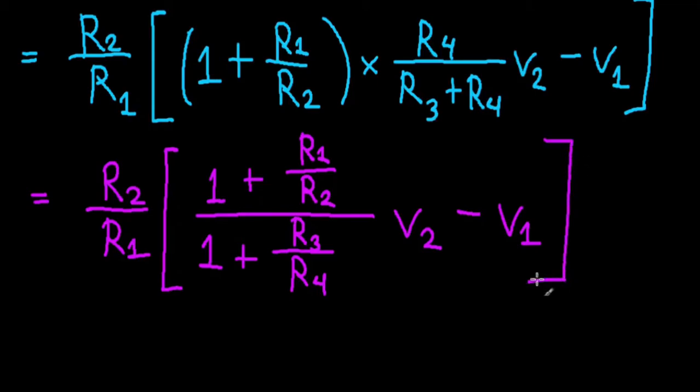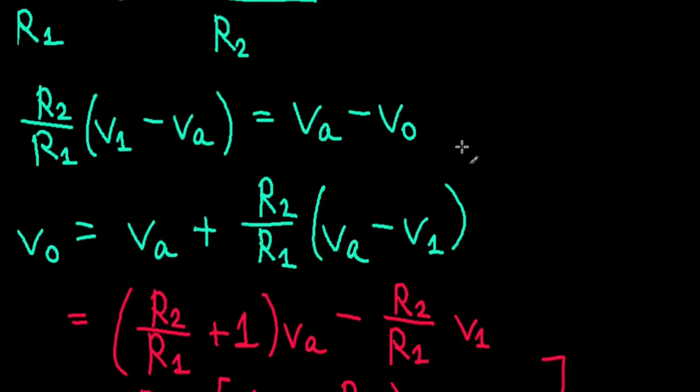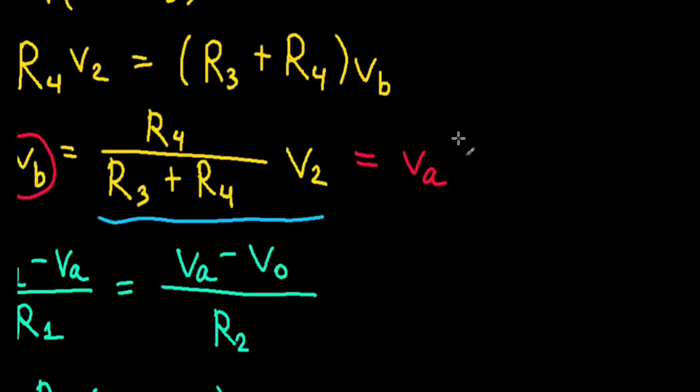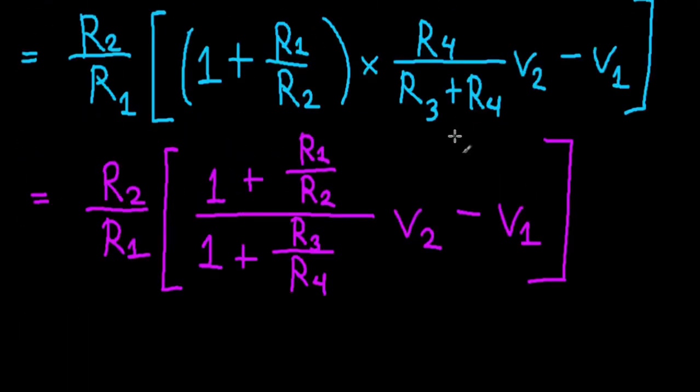So this is the formula for our differential amplifier, and it's as simple and easy to remember as we can make it, at least that's what I think. I don't think there's a simpler form for it.